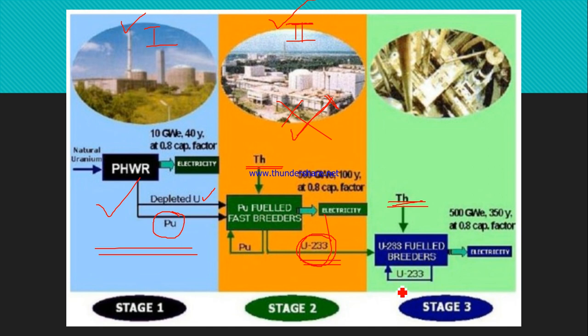So now you can understand. Then we have the reserve of 25% of global reserve. So if we can reach here, then we will generate 500 gigawatt of electricity for the next 500 years.